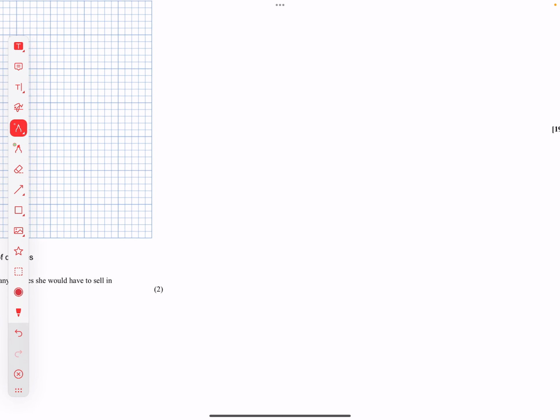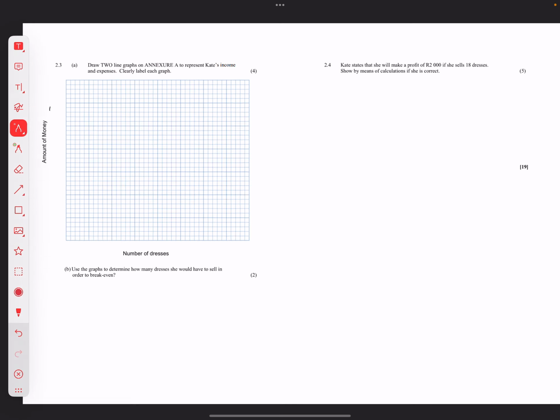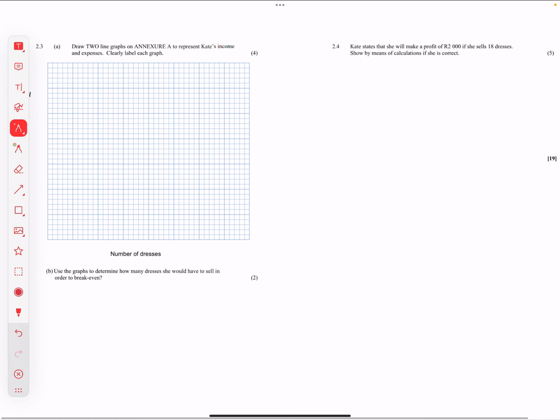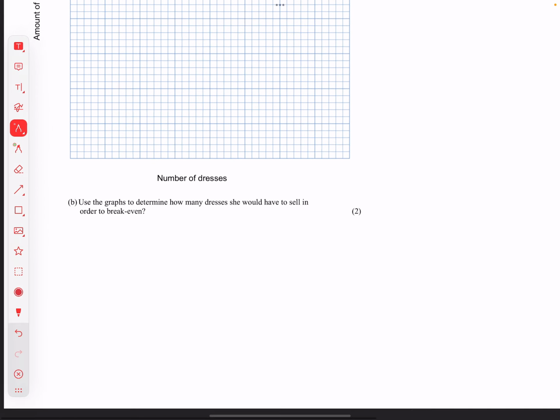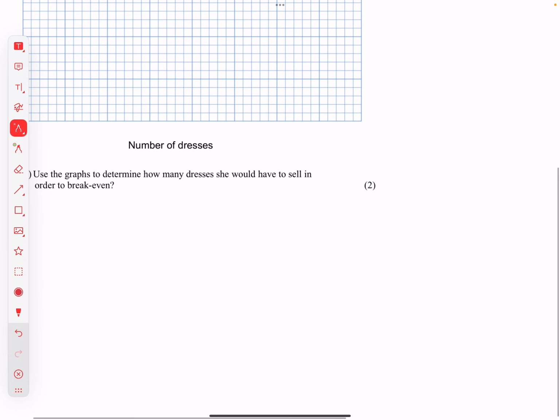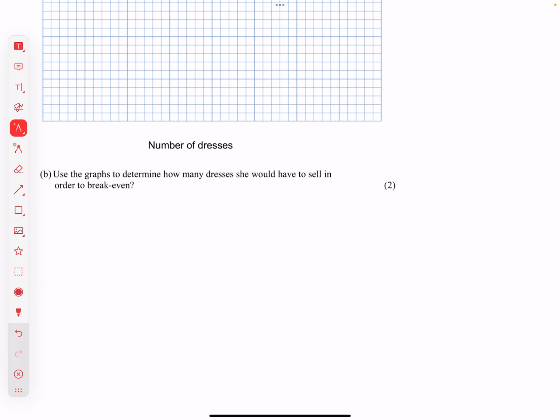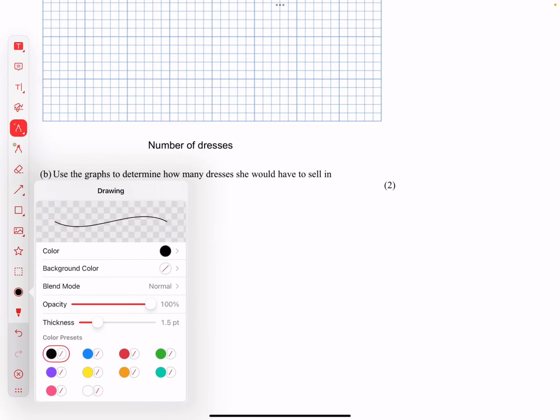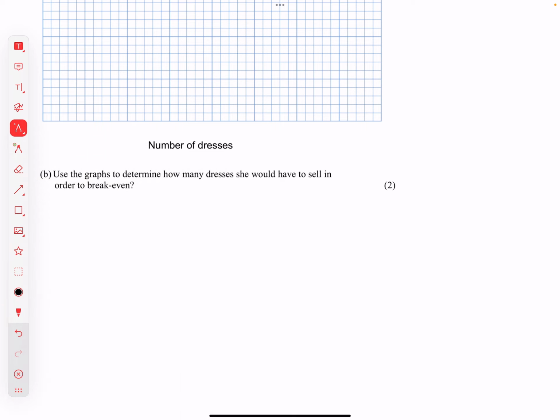The next question is, it says, use the graph to determine how many dresses she would have to sell in order to break even. Now we can read it off, but I would also like to work it out with you. So let's just say you could not read off, it's not too clear on your graph.